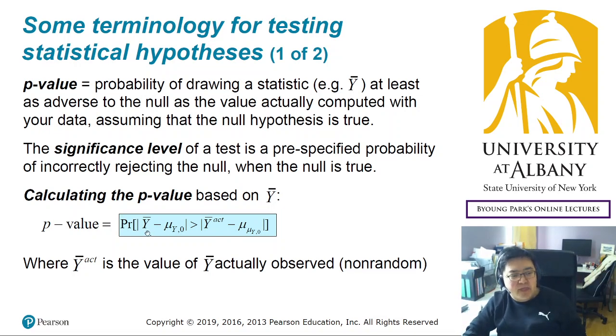If you can calculate that, that is your p-value. The larger this p-value is, the more likely it is to see what you actually observed, so your hypothesis is more likely to be true. That's the definition of p-value.